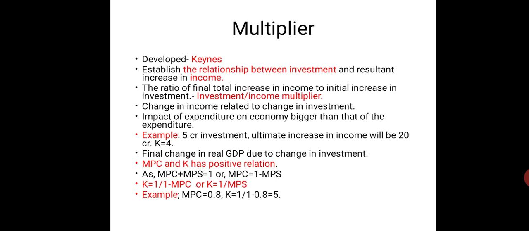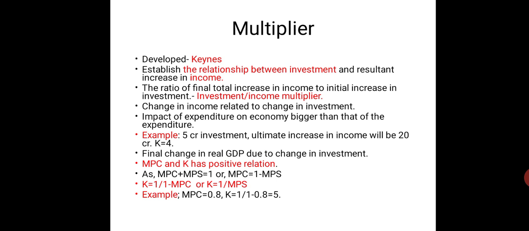Maybe in the cement industry, another, because the demand for cement has increased, iron has increased. So in the respective other sectors also there will be an increase in employment. So Professor R.F. Khan's multiplier was basically an employment multiplier.